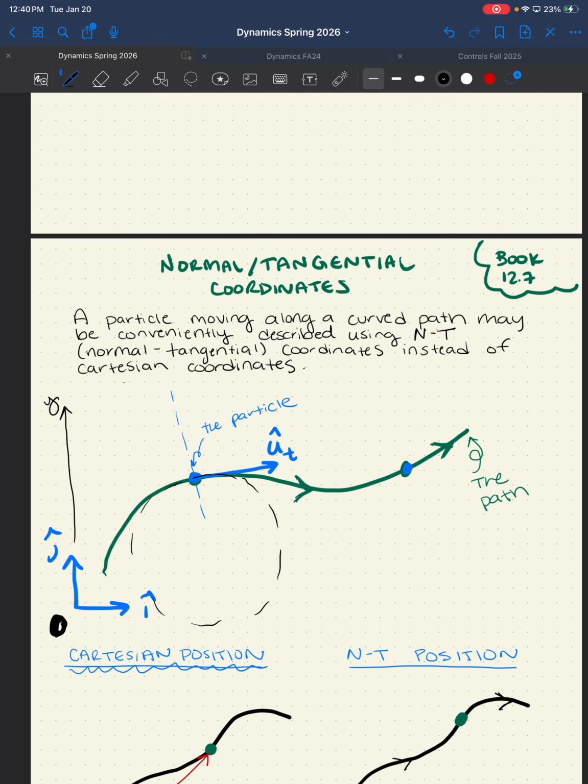The radius of that circle is what we call the radius of curvature of that path. And our normal direction points into that circle. So my normal points into that circle 90 degrees from my tangential direction.